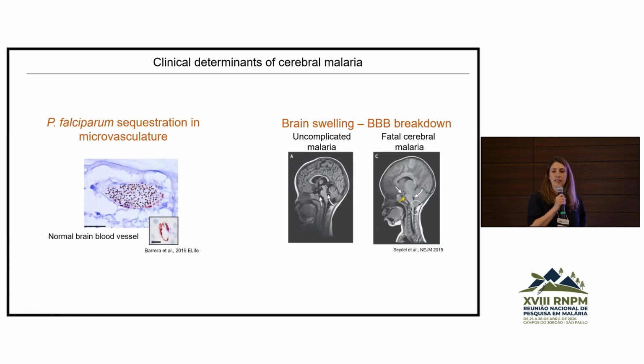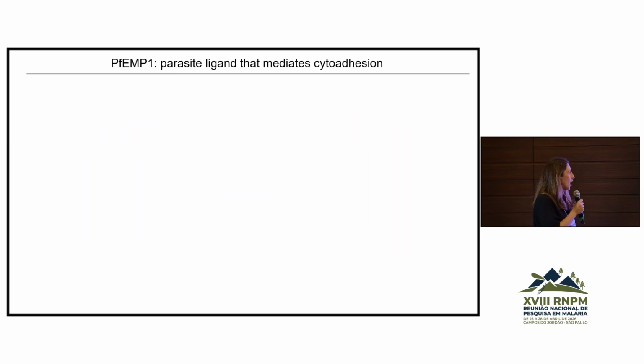These kids die because they have this massive brain swelling that compresses the brainstem, where you have the respiratory center. We think that this is a consequence of blood-brain barrier disruption as a consequence of the parasite accumulation. But this has been very hard to study in the lab, mostly because we don't have good rodent malaria models to study cytoadhesion.